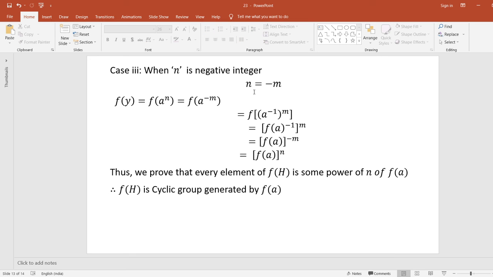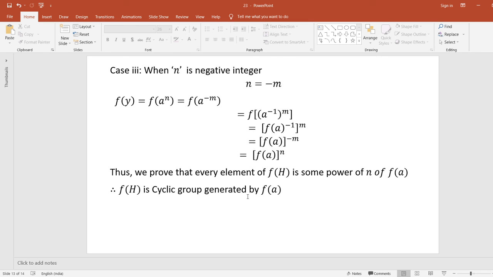When n is a negative integer, that is n is equal to minus m, f of y is equal to f of a to the power of n, that is equal to f of a to the power of minus m. This can be written as f of a to the power of minus 1, whole to the power of m, and this is equal to f of a to the power of minus m, which is f of a to the power of n.